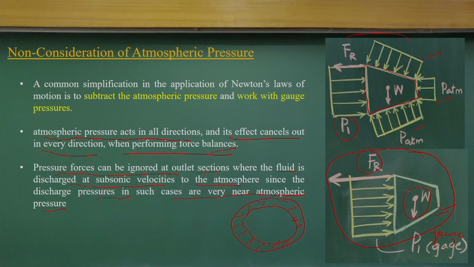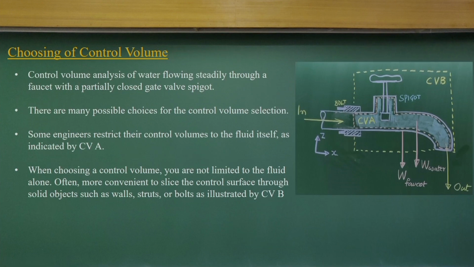If you measure the pressure at the outlet section, it becomes atmospheric pressure. So, we neglect that atmospheric pressure component if you have a free outlet discharge. The point I want to tell is that we work with gauge pressures when we define the simplifications of the control volume concept.